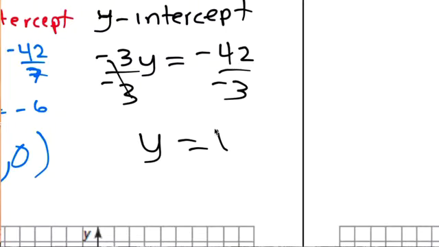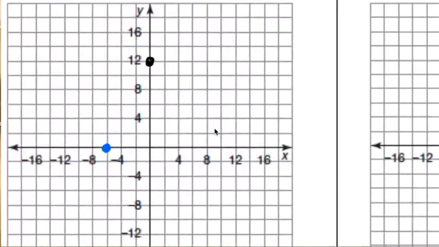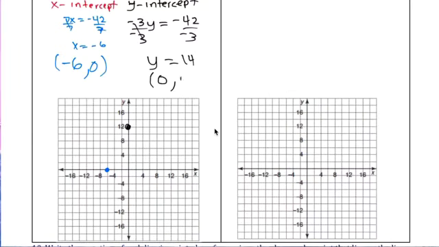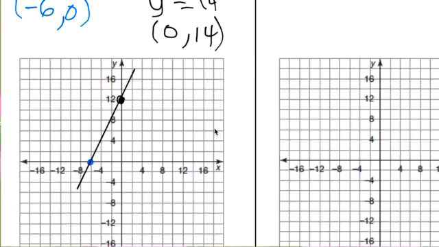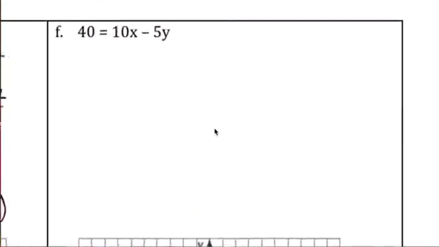No, not 16. Oh my gosh, 14. 14. In doubt, use a calculator. Y is a positive 14. It would be here. And that point is called 0, 14, the y-intercept. Connect the dots. That's your graph. You're sketching that graph.